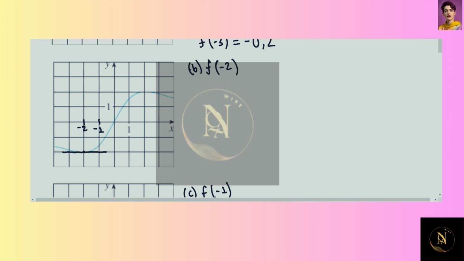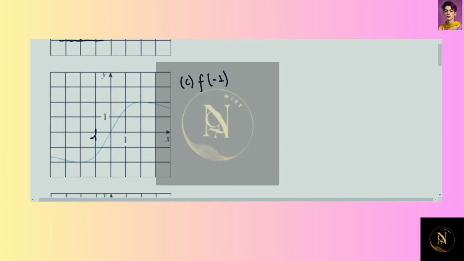So we can simply say that the derivative of the function at the point -2 is 0, because it is equal to the slope of the tangent line, and the slope of the tangent line in this case is 0.